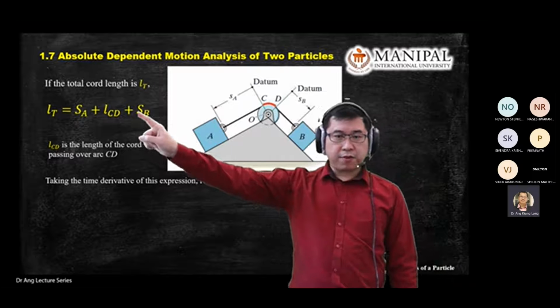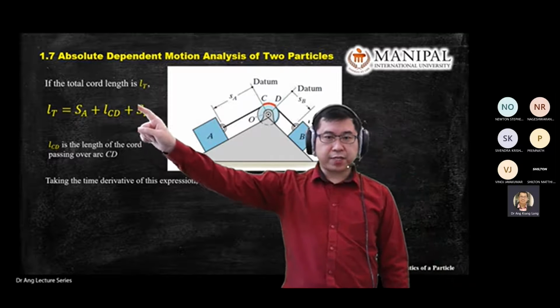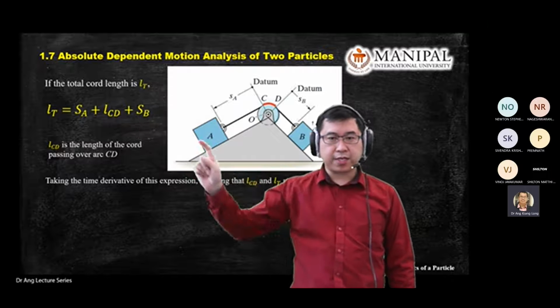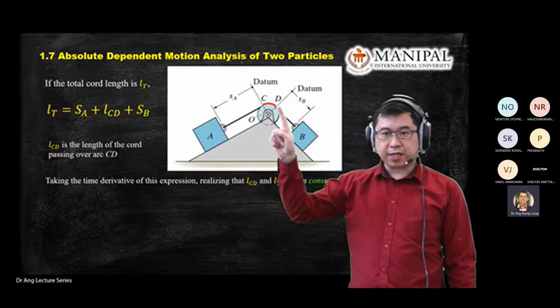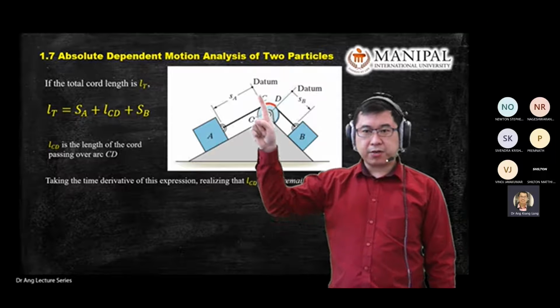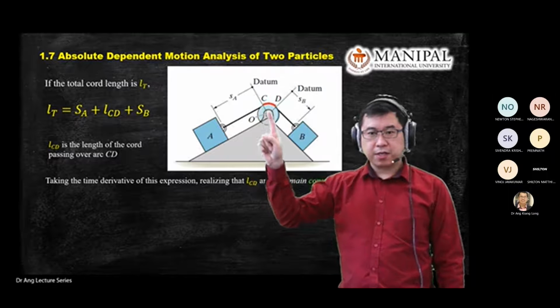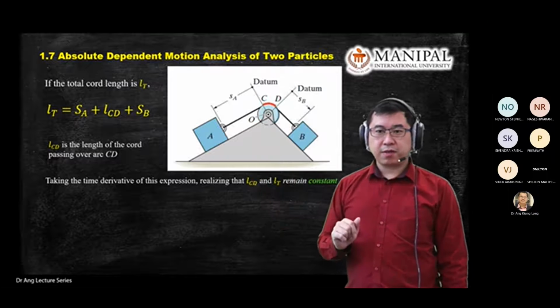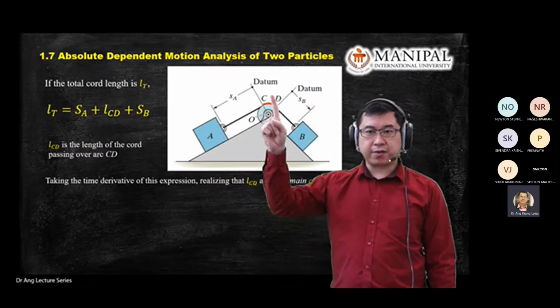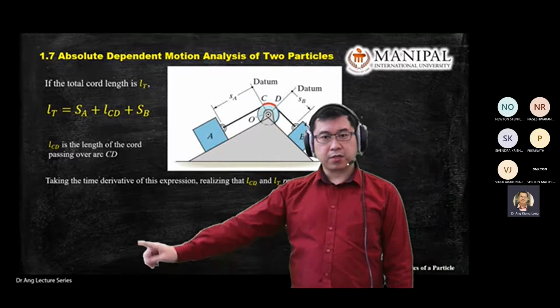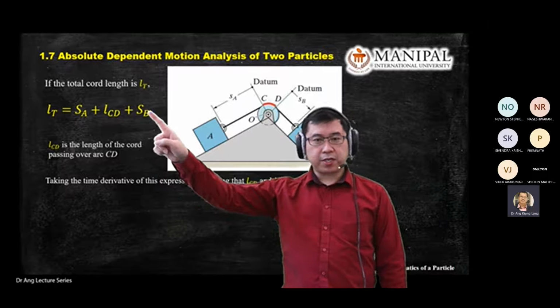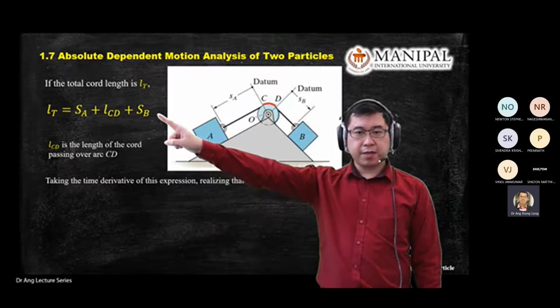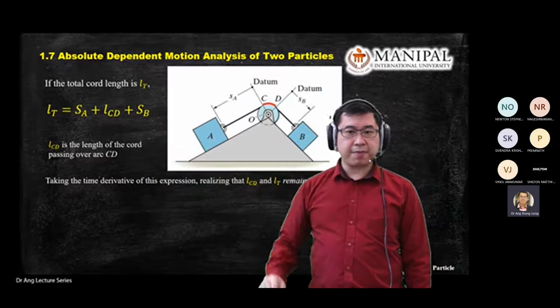So if you take the first derivative over time of LCD, the rate of change of this length will be 0. It does not change, right? So 0. You take this equation and divide the whole equation by time.